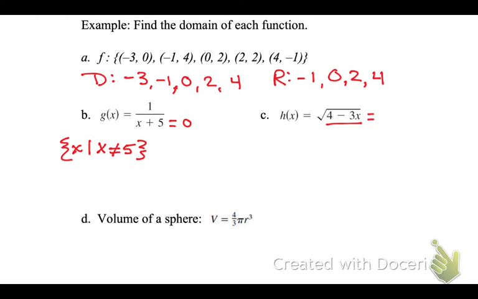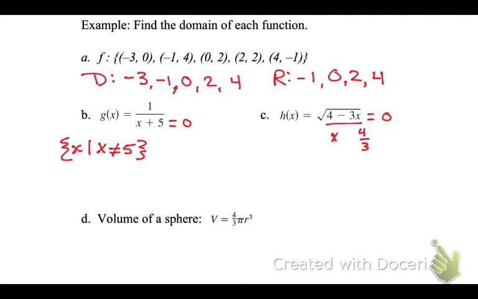So if I set this equal to 0, hopefully you would subtract the 4 and divide by -3. Yes? So x would equal 4/3. Actually, I shouldn't put equal.